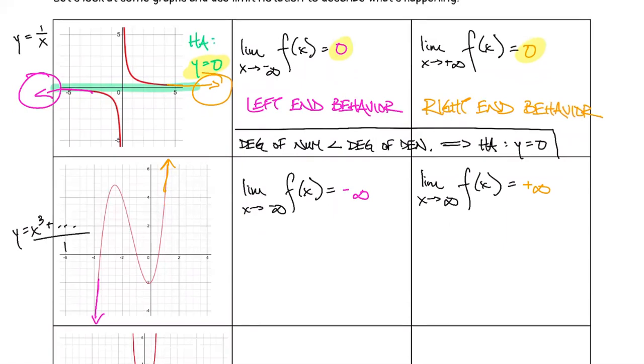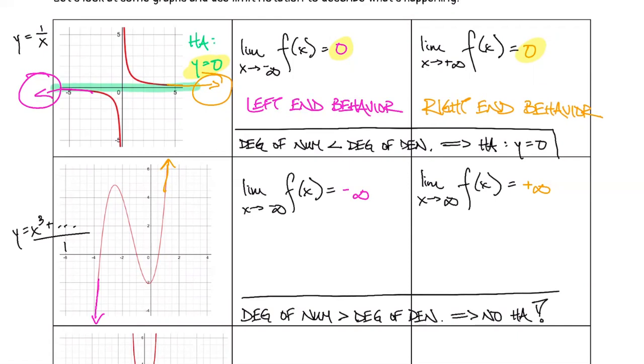We can make anything into a fraction by putting it over 1, but the degree of the numerator is 3, which is actually larger than the degree of the denominator, which means that there is no horizontal asymptote. Okay, so that might also be a rule that you learned in pre-calc.